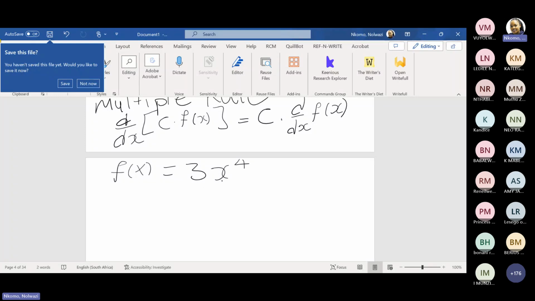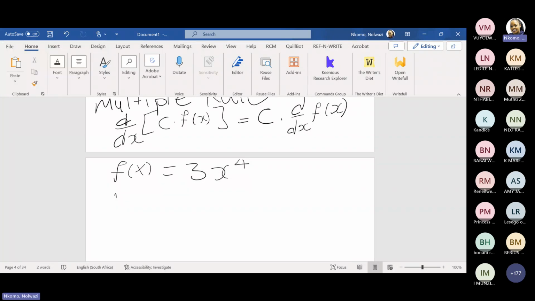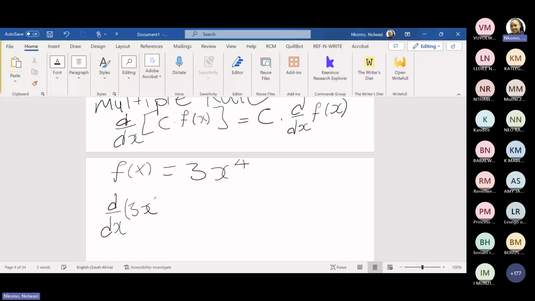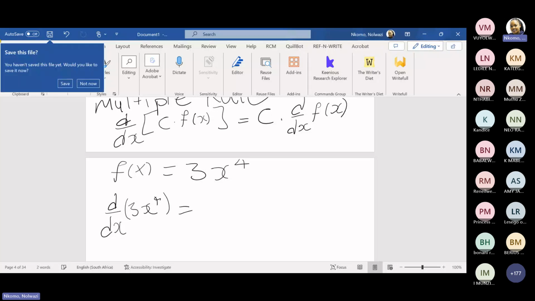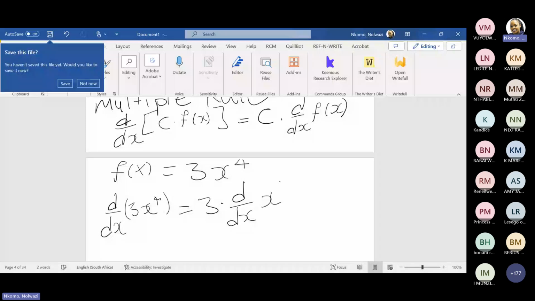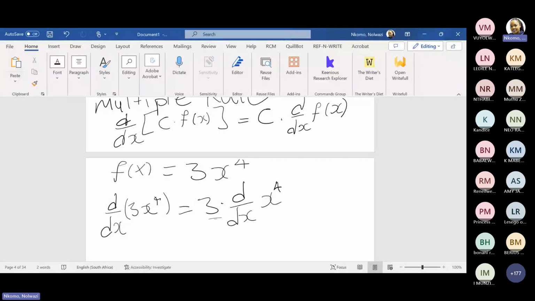So if you have 3 times x to the power 4, you can write the derivative of 3x^4 as 3 times the derivative of x^4. You take out 3 and then you differentiate x^4.